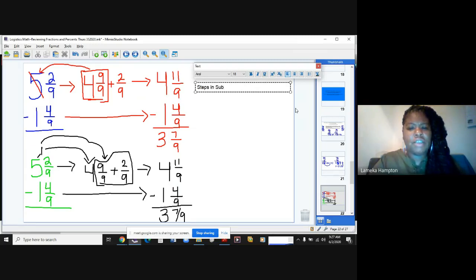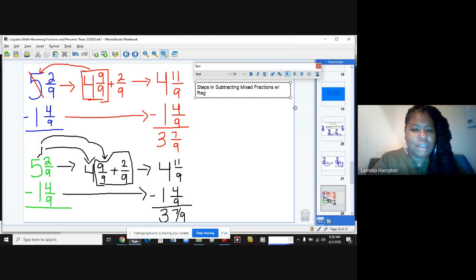So steps in subtracting mixed fractions with regrouping. Some people call it regrouping. Some people say borrowing. It's all the same terminology. So it just all depends on who's teaching what. Okay. All right.